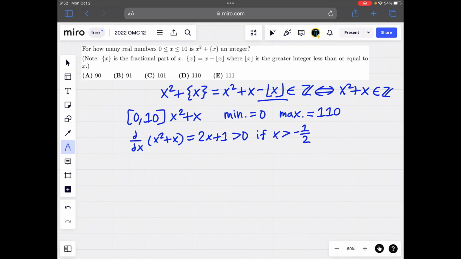For example, 72 is only achieved when x equals 8. No other x can give you 72. So the number of real numbers x between 0 and 10 for which x squared plus x is an integer is simply the number of integers between 0 and 110, and that's equal to 111.